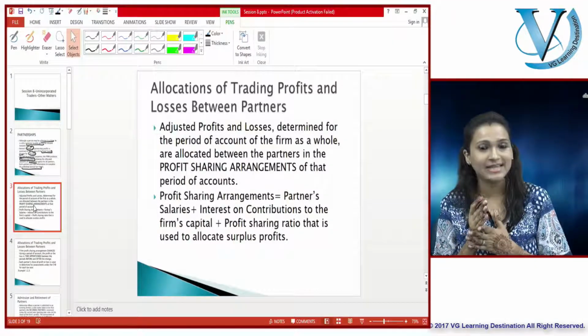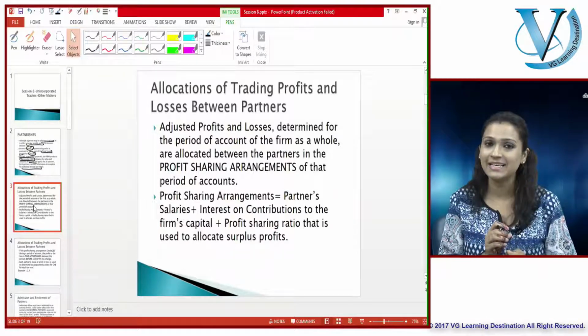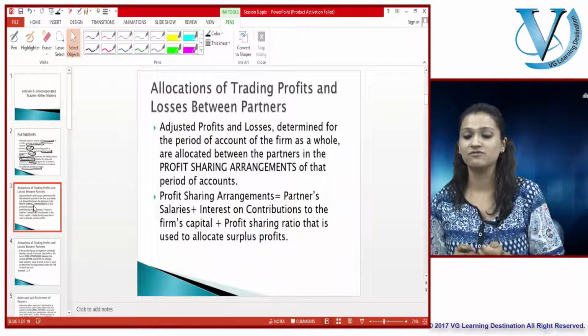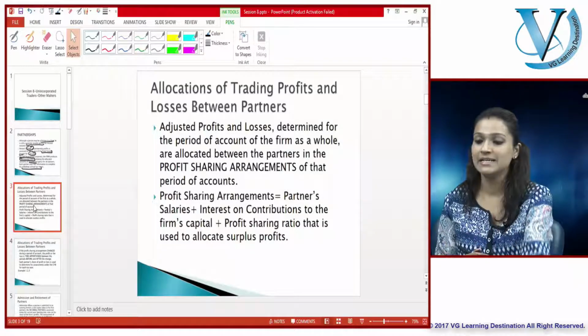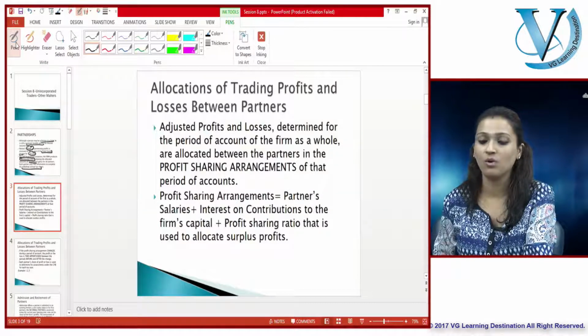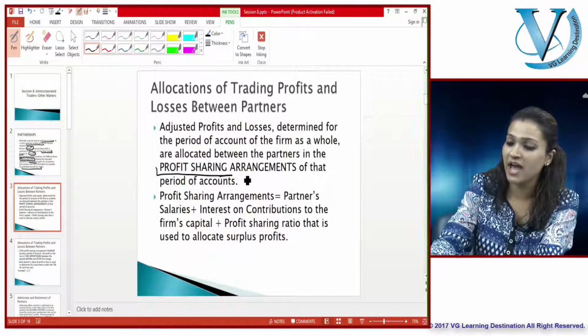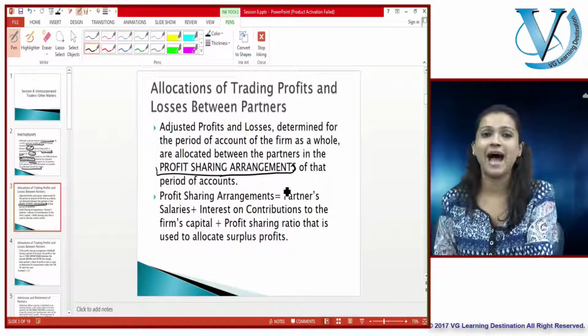So at the onset itself, we know what each partner is entitled to receive or not to receive. So adjusted profits and losses determined for the period of account of the firm as a whole are allocated between the partners in the profit sharing arrangements of that period of account.